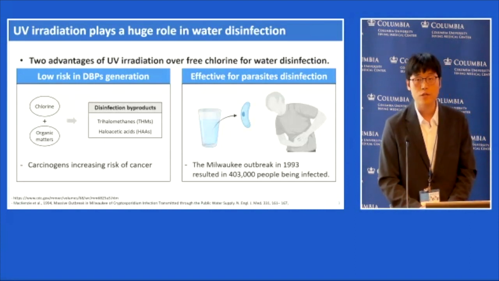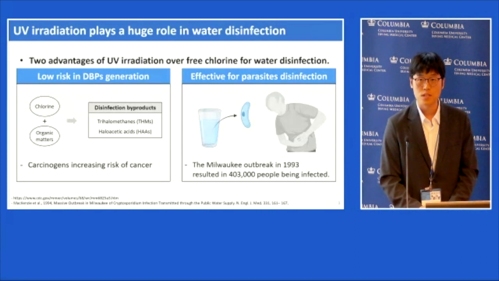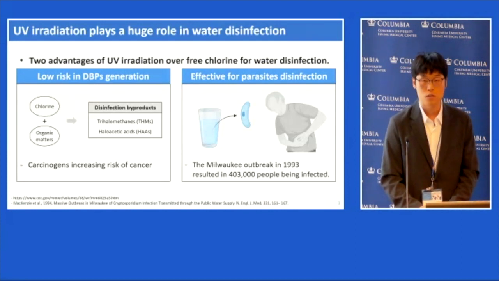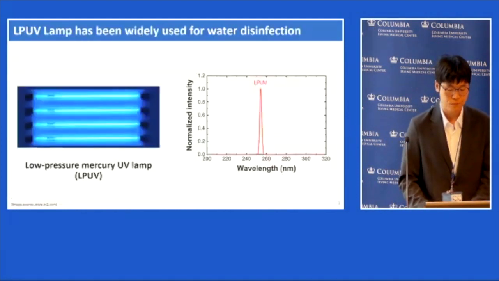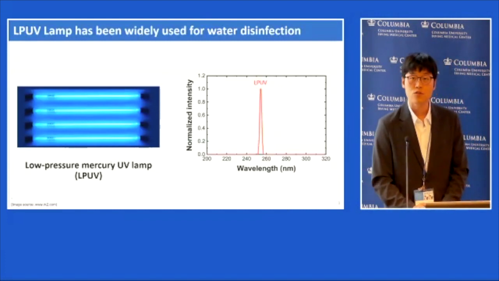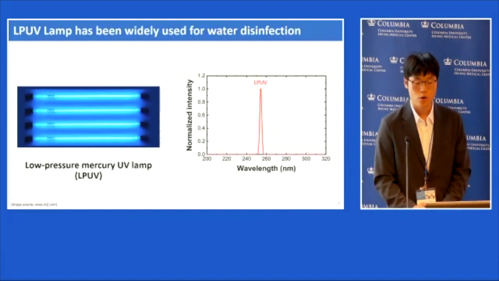Unlike free chlorine, UV doesn't produce disinfection byproducts, which are carcinogens. And second, UV irradiation proves its effectiveness against protozoa, such as Cryptosporidium and Giardia, which are highly resistant to free chlorine.